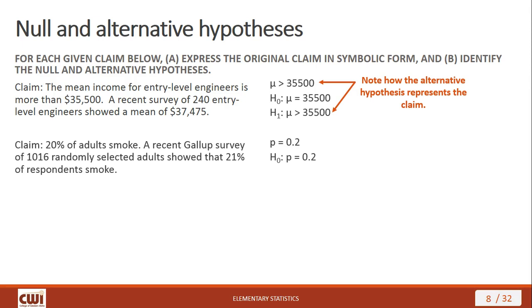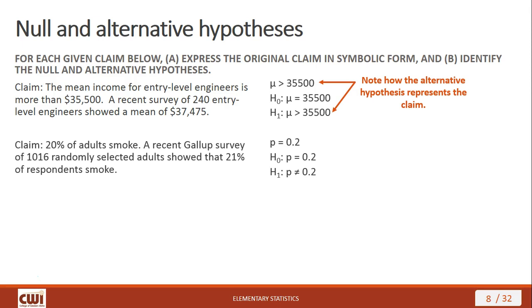What then do we write for the alternative hypothesis? Well, the alternative hypothesis is an alternative to the null, and in this case, we're going to take the complement of equals, which is not equal to. So when the claim is that our population parameter equals a claimed value, then our alternative hypothesis will take the not equal sign.